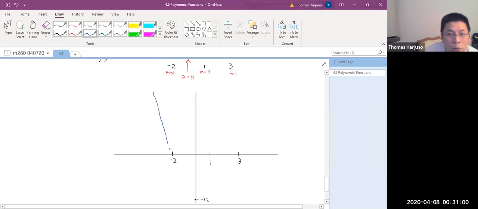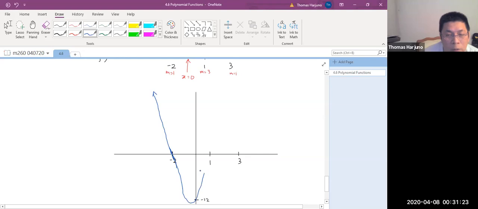The graph then will go from positive infinity, down to negative 2. Actually, we can say more. Notice that the multiplicity at x equals negative 2 is what? 1. So when it crosses that x-axis, it will cross linearly, quite straight. Okay, and then going down further, let's say it goes up here.